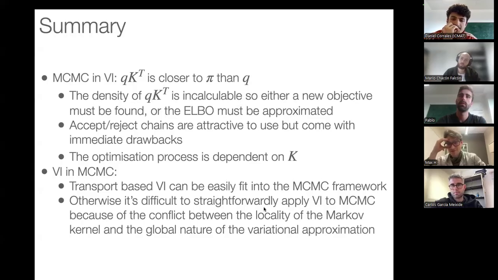Yes, if you can optimize very, very well, then yes. Otherwise, you risk this mode collapse phenomenon. But you're right, if you're able to optimize really well, then you're right.